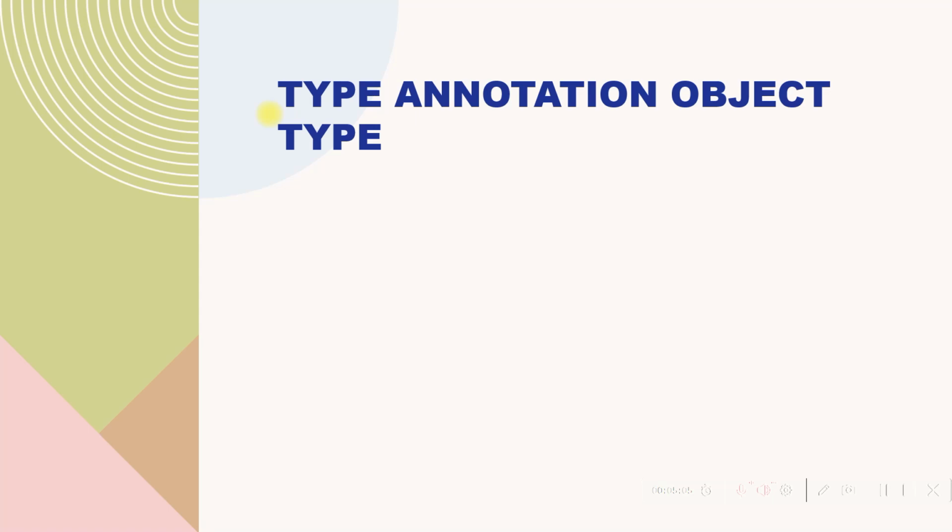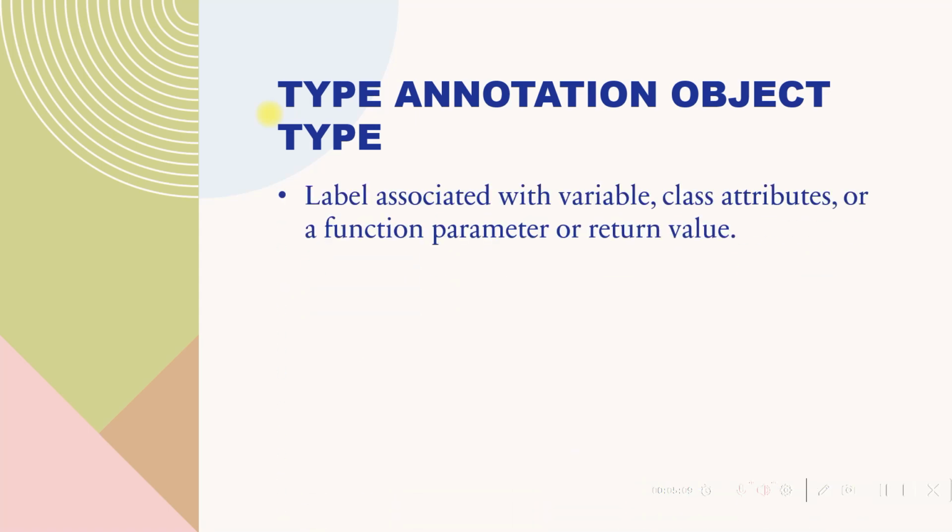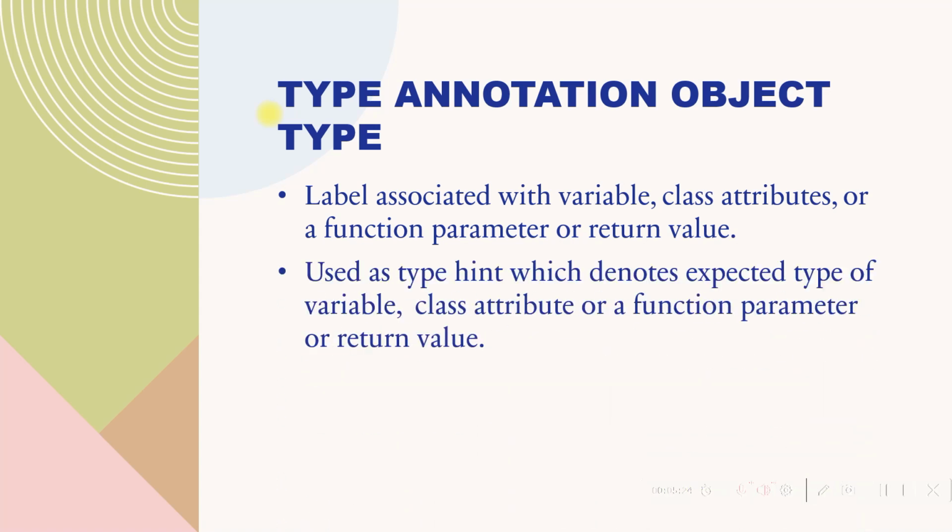Next one is the type annotation object type. Now, this annotation type object is basically a label associated with a variable, class attribute, function parameter or return value. Why is this label used? It is used as a type hint which denotes the expected type of the variable, class attribute, function parameter or return value.